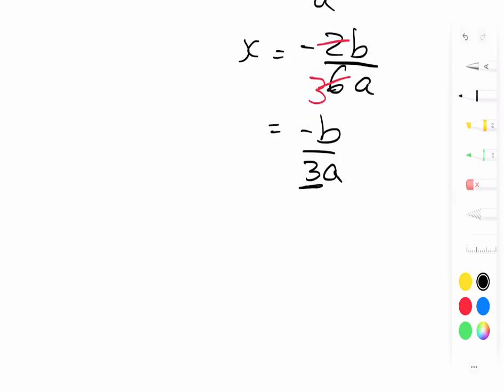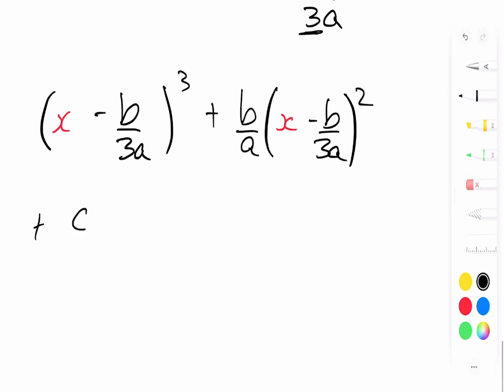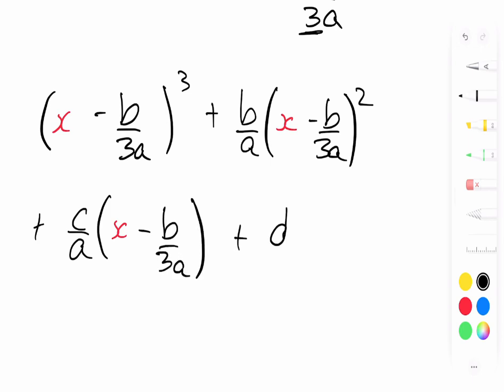So we have x minus b over 3a cubed plus b over a times x minus b over 3a squared plus c over a times x minus b over 3a plus d over a is equal to 0.